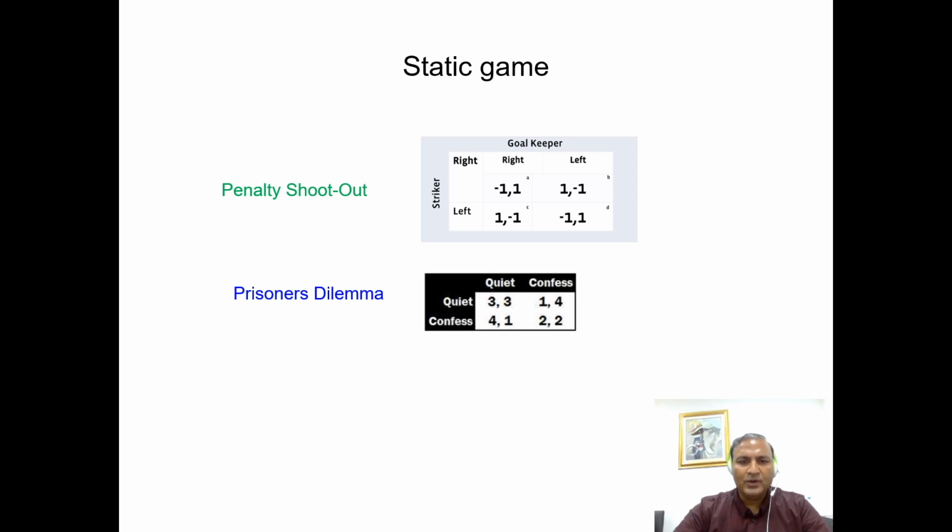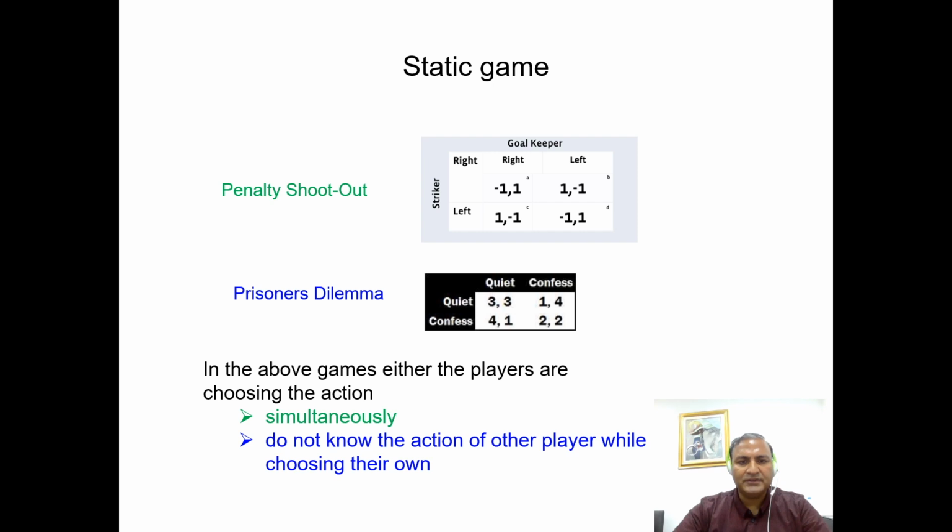So that is why we consider this Prisoner's Dilemma as a simultaneous move game, because one suspect does not know the action taken by the other player. So basically the static games are called static because either the actions are taken simultaneously by all players, or they do not know the action of the other player while choosing their own action.